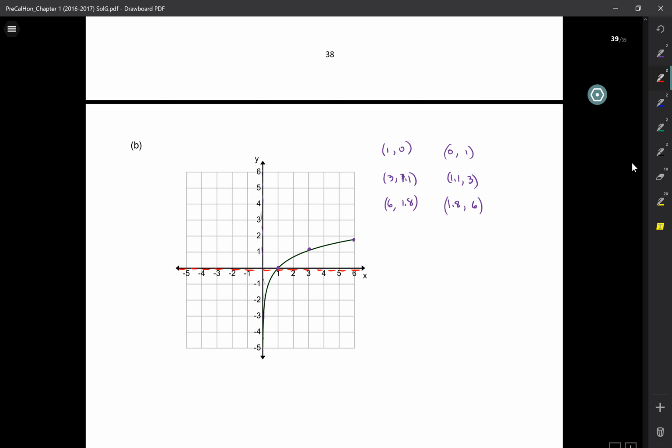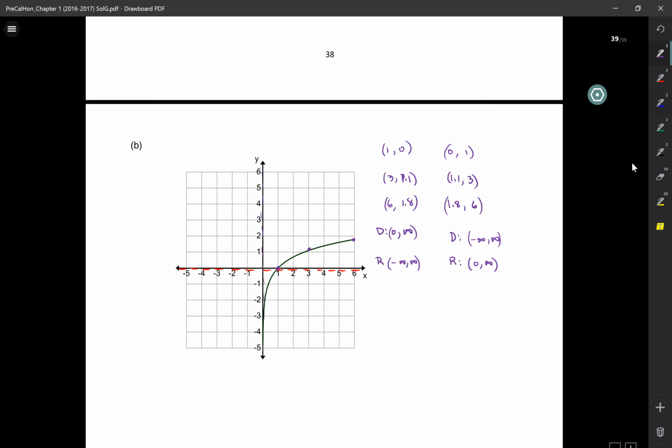Also, the domain of f of x is 0 to infinity, and the range is negative to positive infinity. Well, now the domain will be negative infinity to positive infinity, and the range will be 0 to infinity.